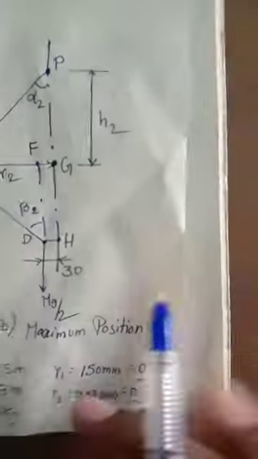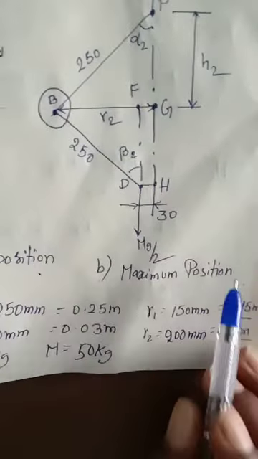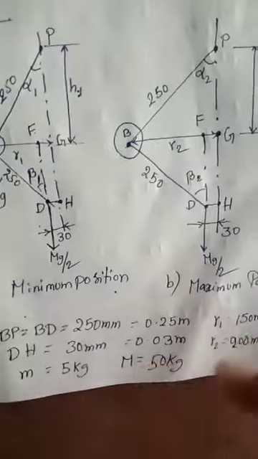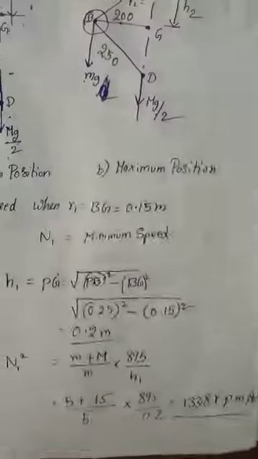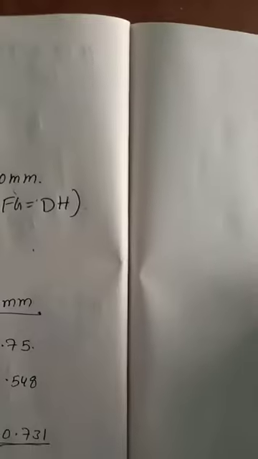And now we go for figure B, the maximum position. Here the maximum position we are going to see with a similar procedure, as previously how we found it in A, the minimum value. Similarly we take this and solve all those things.